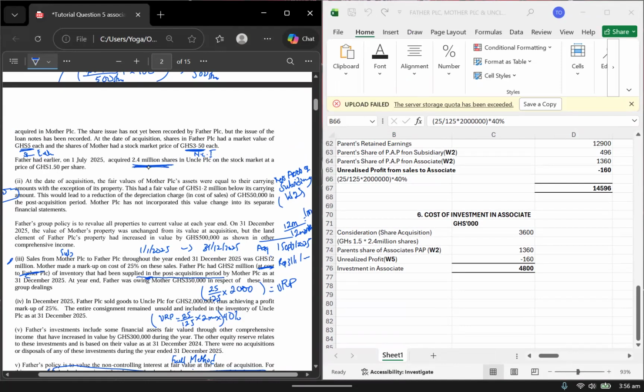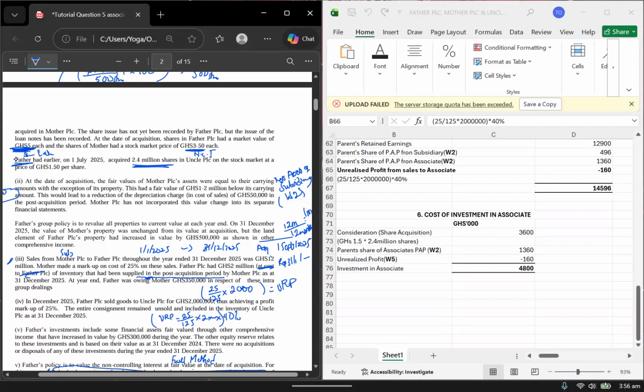You multiply the number of shares by the price of each share in Uncle PLC on the stock market. You bought shares on the stock market, right? So you buy it at the price that was given to you on the stock market. This one, you're not going to use the Father's market price of 5. That 5 was used for the share exchange because we were giving shares to Mother PLC.